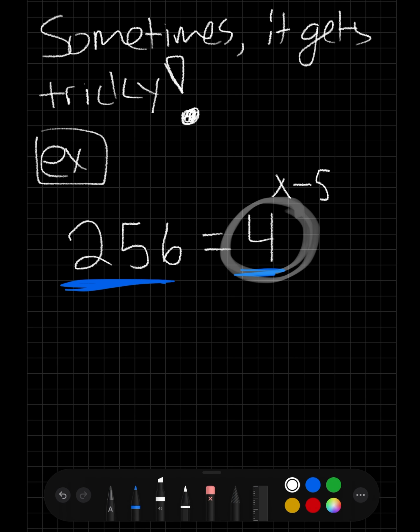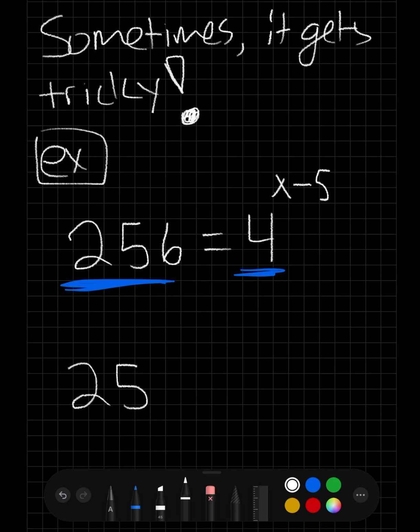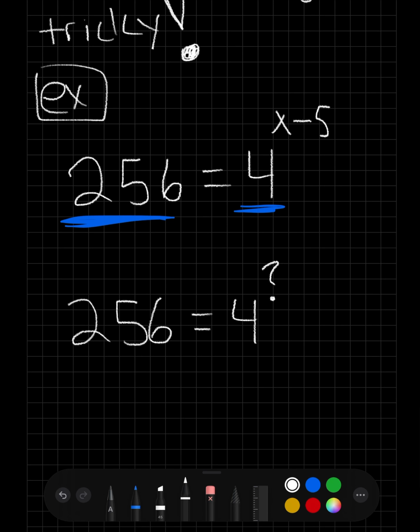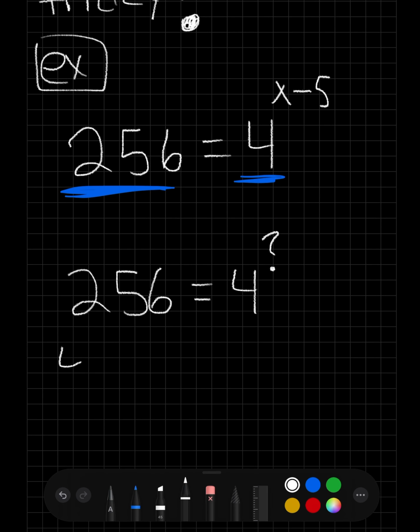So on the right-hand side, I have this base of 4. So what I'm going to do is see if I can write 256 as equal to 4 to some power. If I could figure that out, then I can substitute this in and be able to solve my equation using the same method we did before.